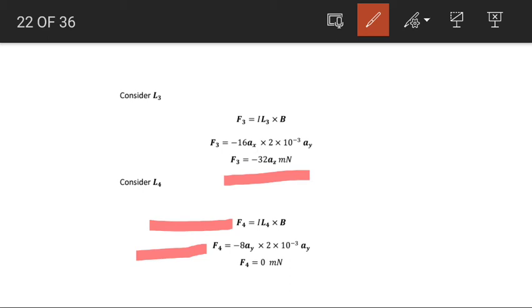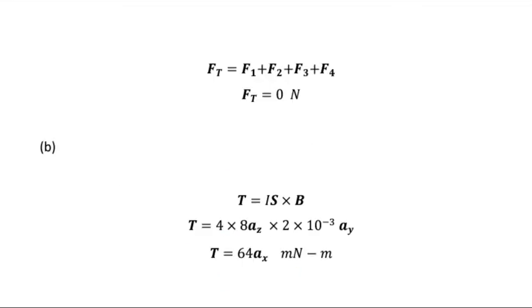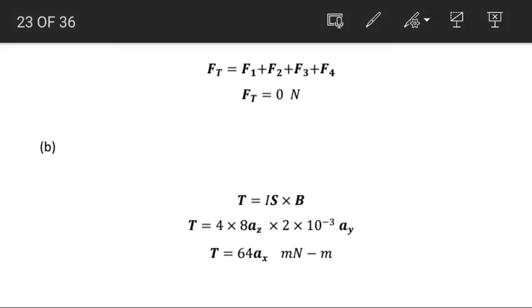We know that AY cross AY results in 0, so the force on this side will be 0. Now we take the vector sum of all these four forces, and the vector sum of all these four forces result in the total force, which is 0 Newton.